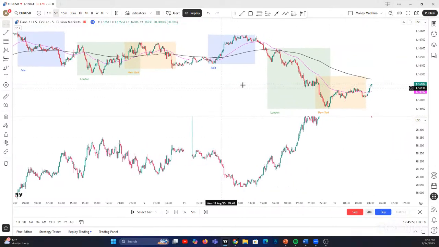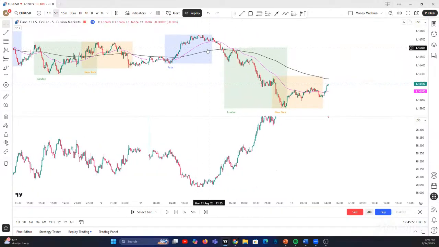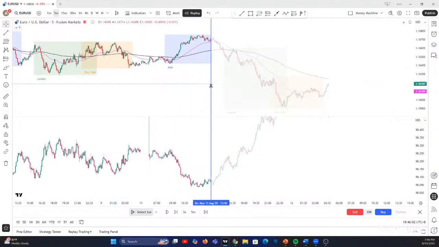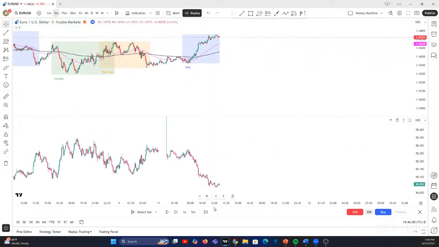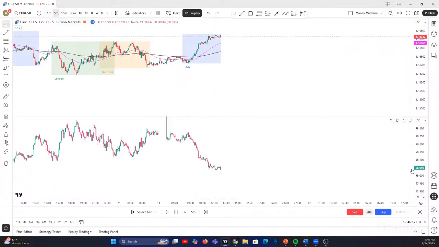Okay, that's it. For example, in every session, okay, for example here, let's replay this. Okay, so it's making the structure. Okay, always focus on DXY first.